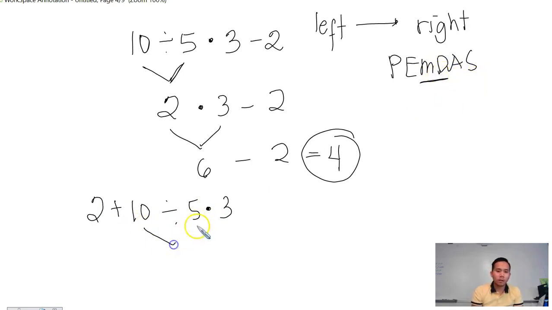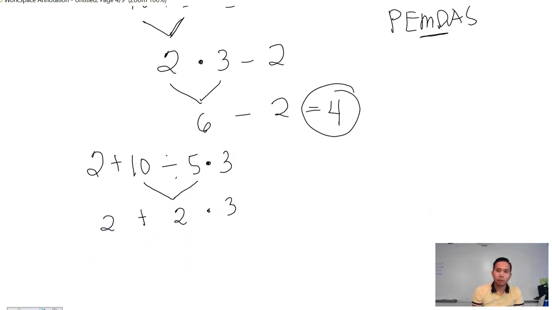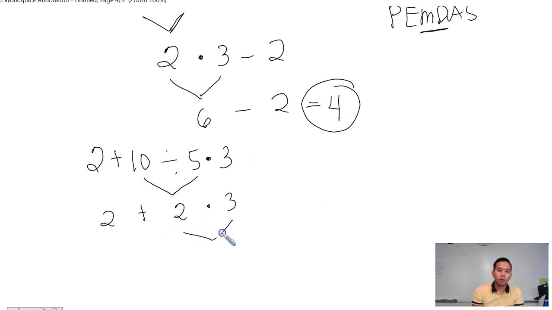So 10 divided by 5 gives us 2 times 3, plus 2. 2 times 3 will give us 6, plus 2, therefore 8.